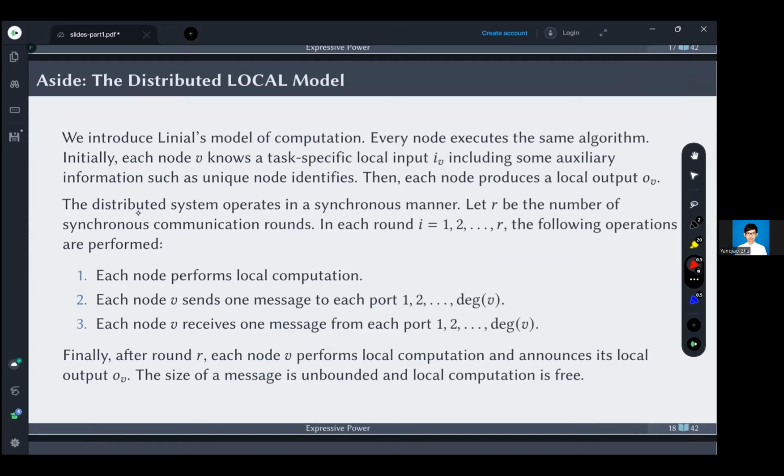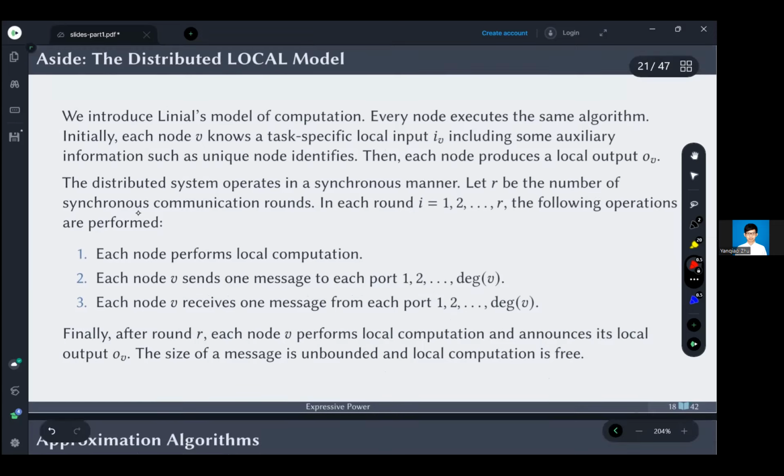This is a computational model, another kind of computational model, like the Turing machine in our previous experience. In this model, each node performs its local computation. After that, each node sends a message to port 1, 2, 3, up to the degree of the node, and then receives messages from the other side.